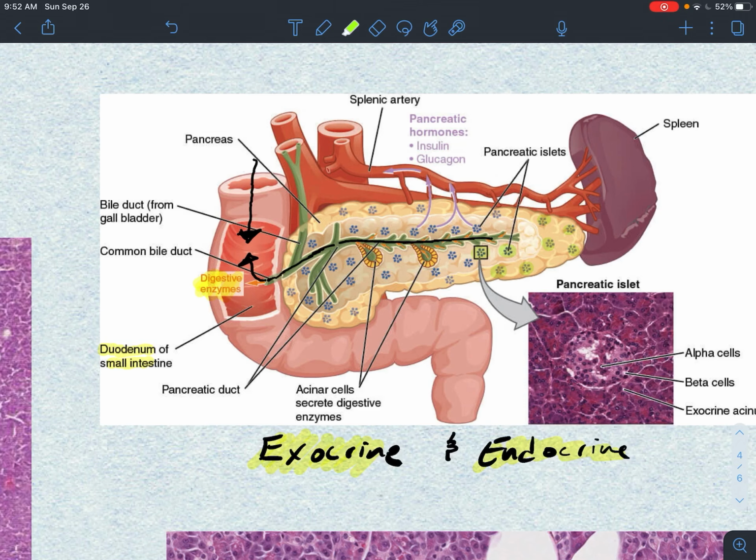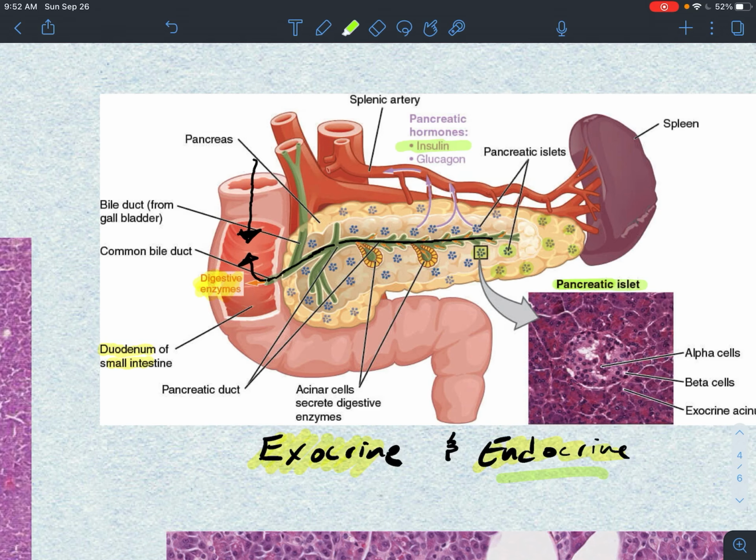And those are known as the pancreatic islets or the islets of Langerhans. And what these are going to do is that they're going to make hormones for us. So that's the endocrine component of it, right? And the most famous hormone that is being made by those is known as insulin, right? Glucagon is the hormone that does the opposite of insulin.